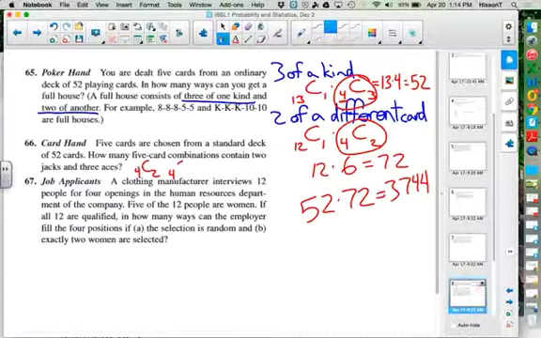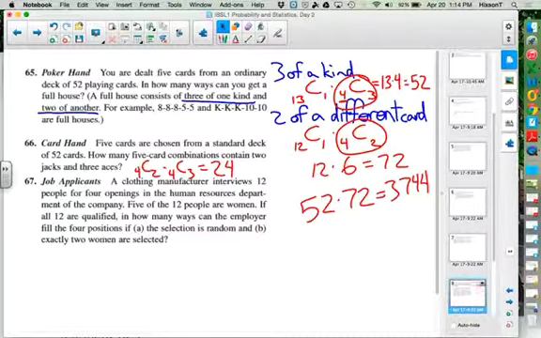So it'd be 4 choose 3. So 6 times 4, there'd be 24 combinations that would give you 2 jacks and 3 aces. Or aces full of jacks. So that's how you say full house. Aces full of jacks.